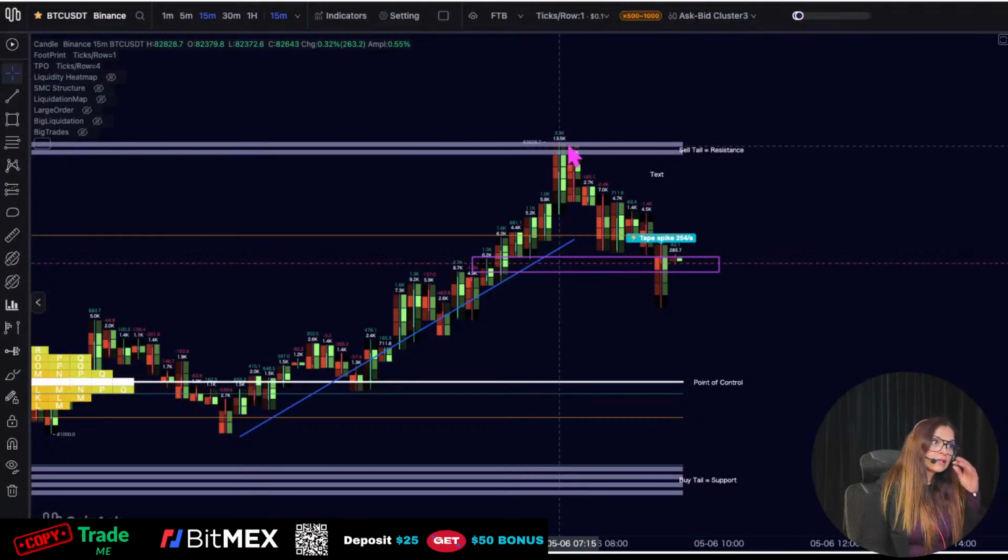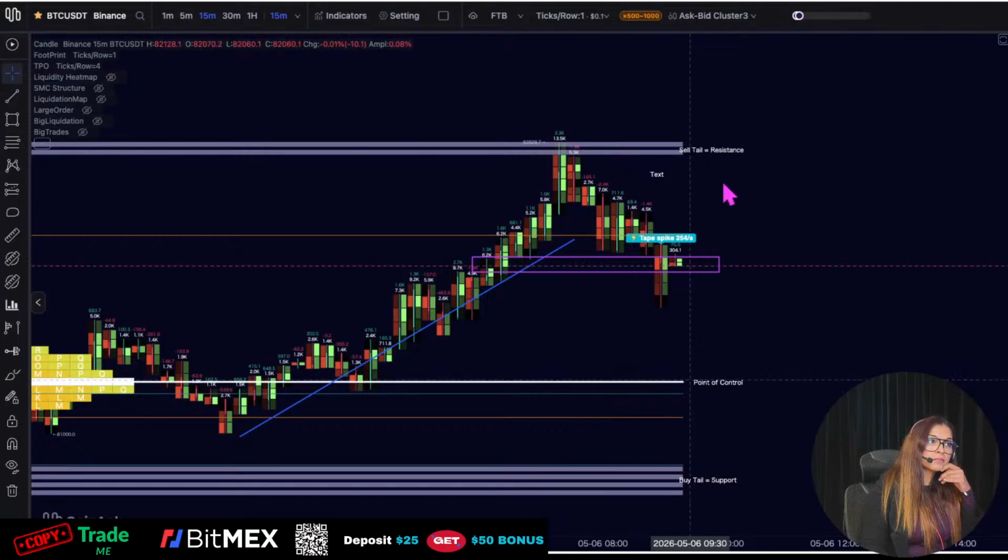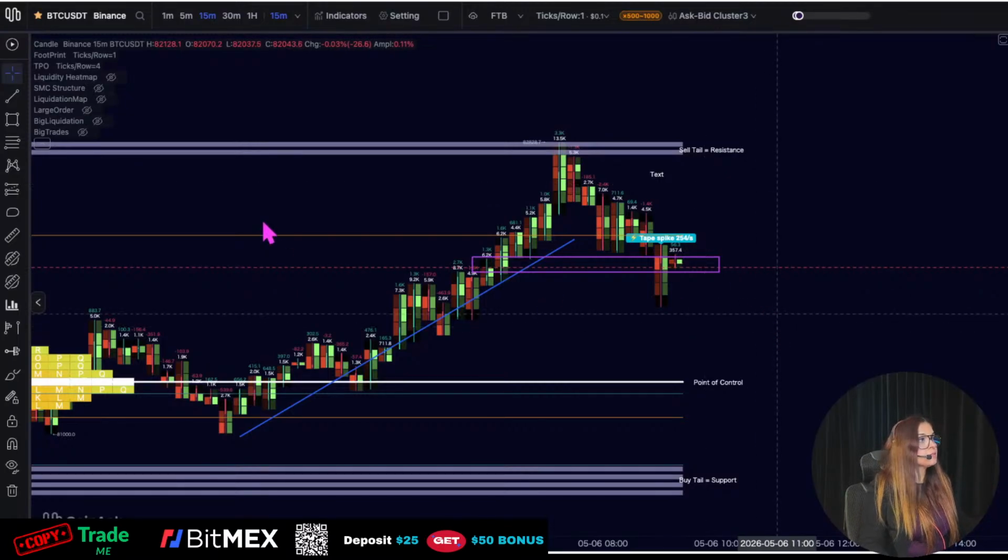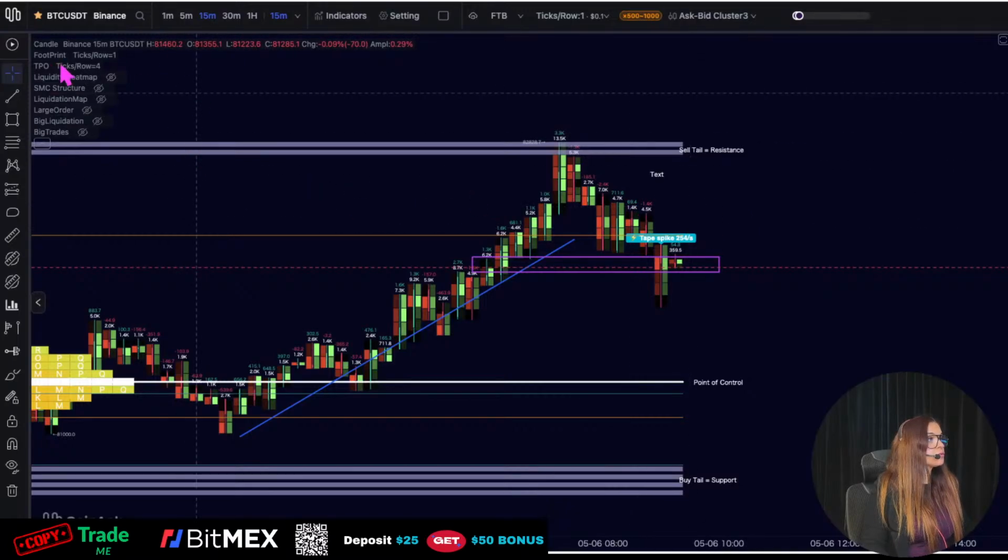Even if price comes back down here to the point of control, it may go back up here to take out the fair value gap, fill in that imbalance, and then come back down. I don't know, let's see. And that is for the TPO.